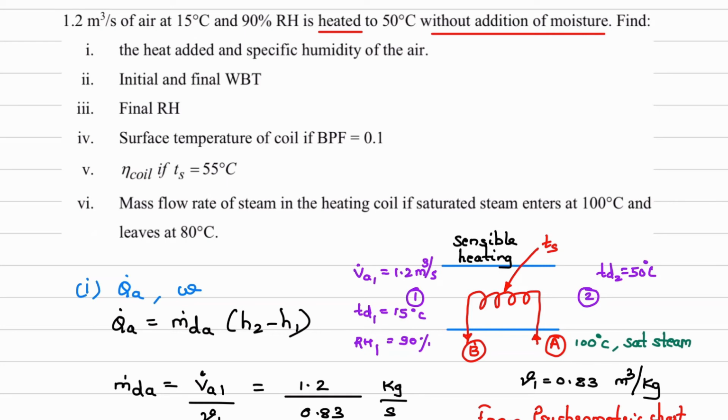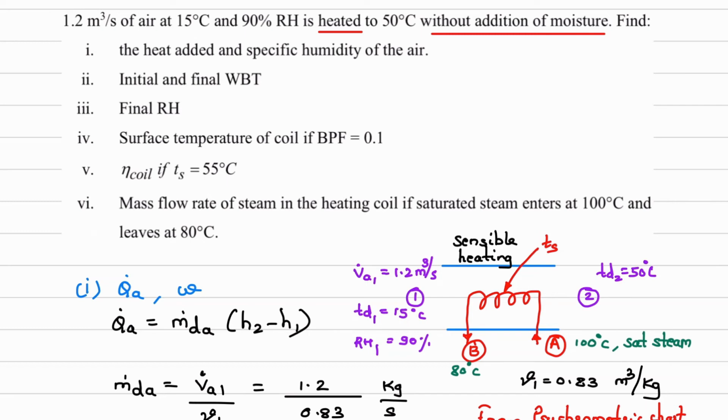Once the steam rejects heat, it will condense, and if the point B temperature were the same, it would be saturated liquid. But here the point B temperature is 80, so it will be subcooled water coming out of the tube. So this point B is subcooled liquid at 80 degrees Celsius.